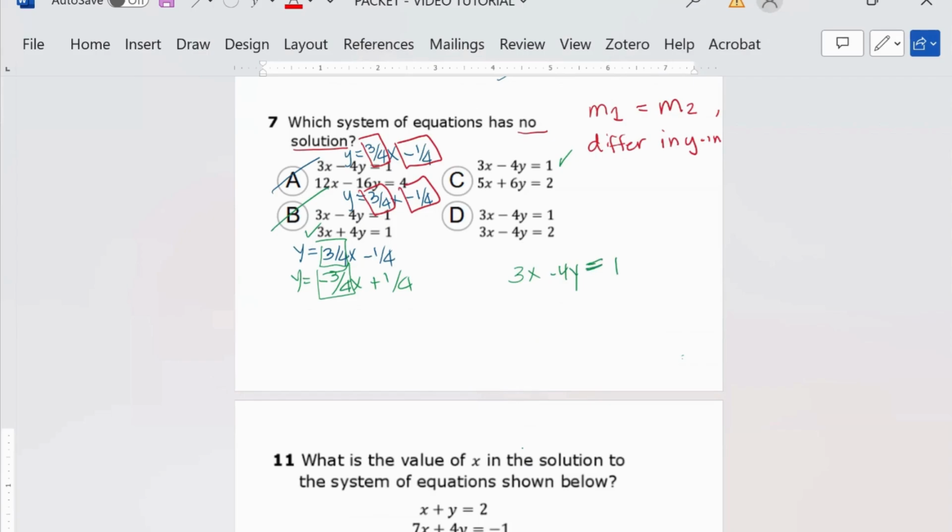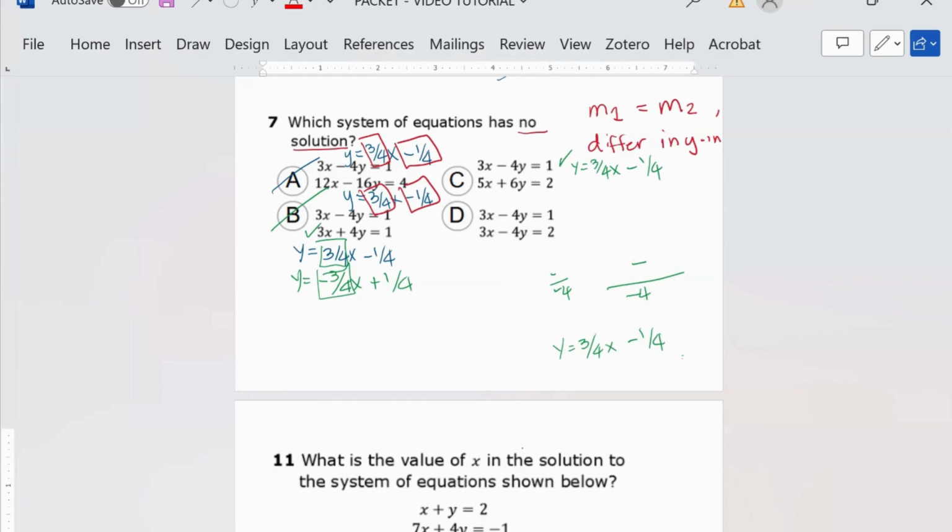Same thing, I have an equal sign, parenthesis, minus 3x, close parenthesis, divide by negative 4. So that's what I got for this number here. So this is 3/4. So y equals 3/4 x. This is negative 1/4. So that's letter C. So y equals 3/4 x minus 1/4.